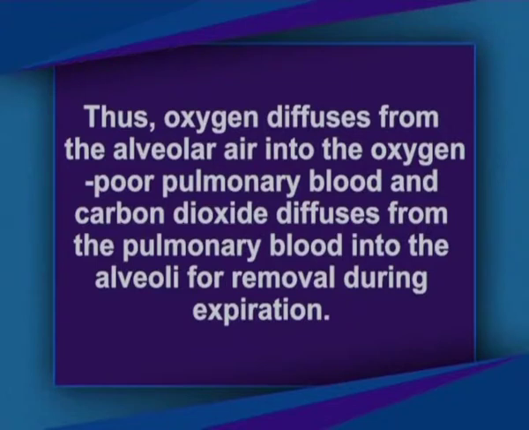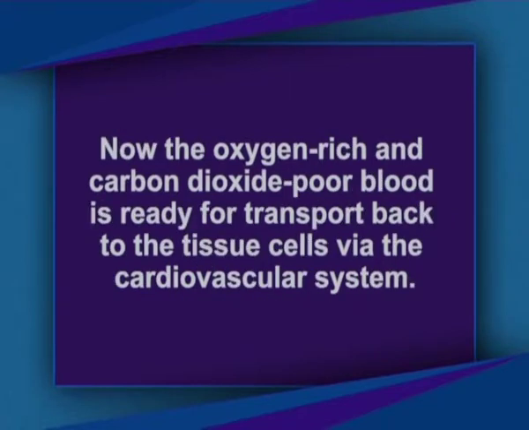Thus, oxygen diffuses from the alveolar air into the oxygen-poor pulmonary blood, and carbon dioxide diffuses from the pulmonary blood into the alveoli for removal during expiration. Now, the oxygen-rich and carbon dioxide-poor blood is ready for transportation back to the tissue cells via the cardiovascular system.